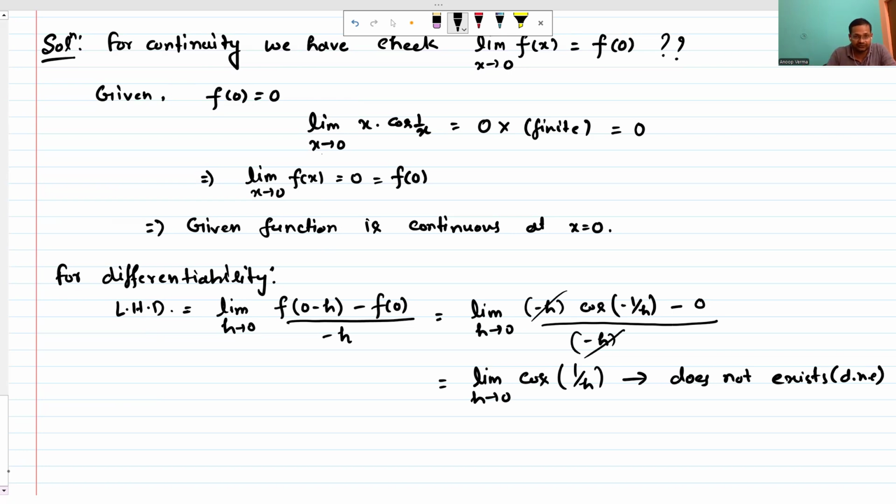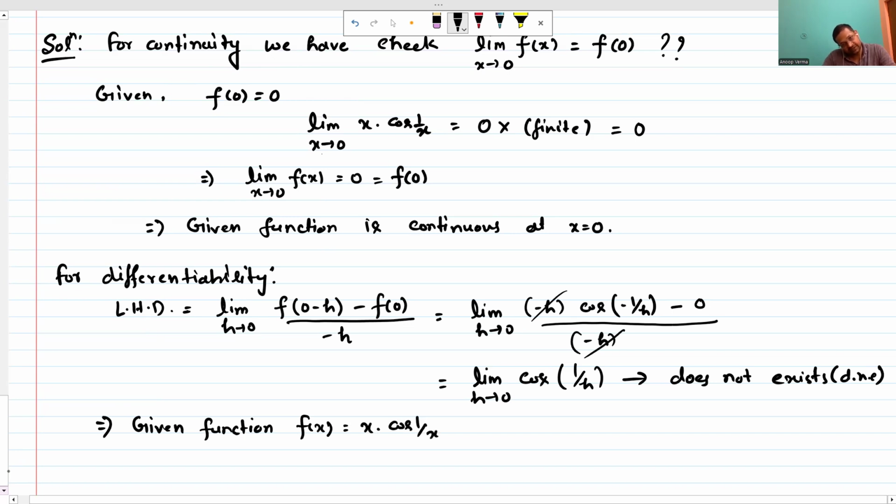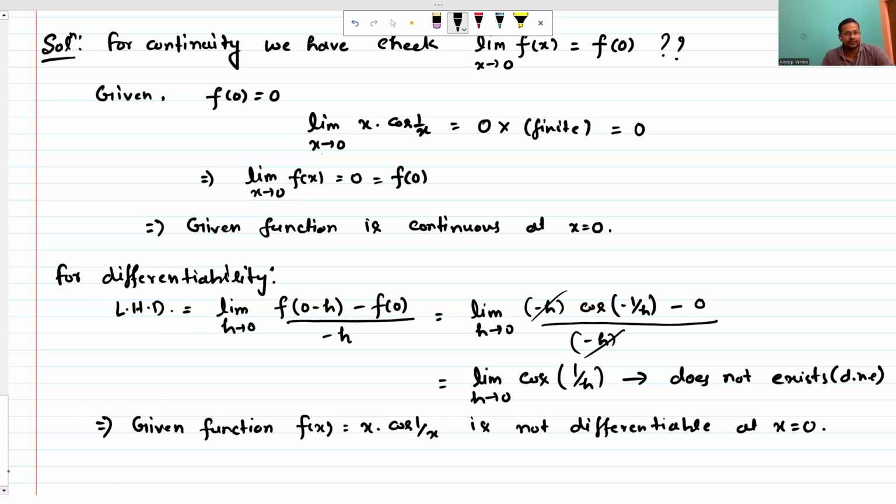So this implies the given function f(x) equal to x cos 1 upon x is not differentiable at x equal to 0.